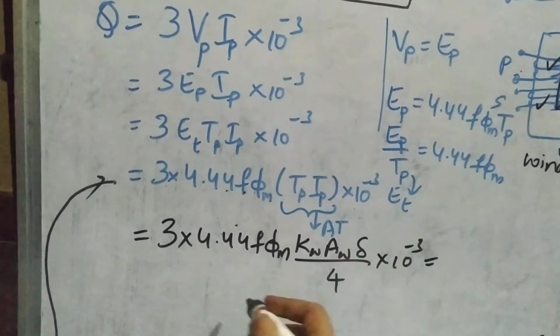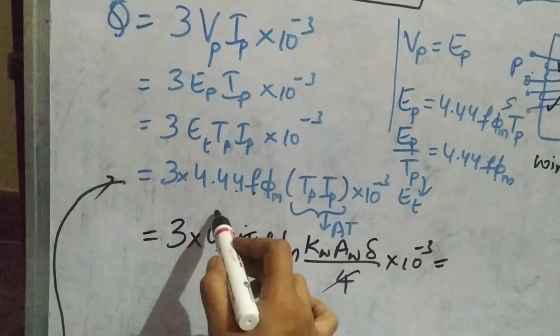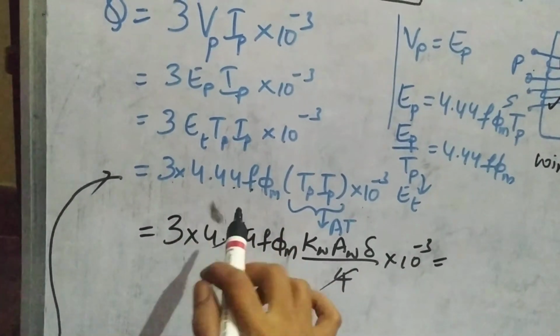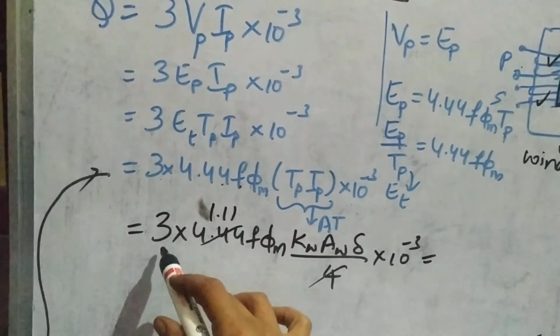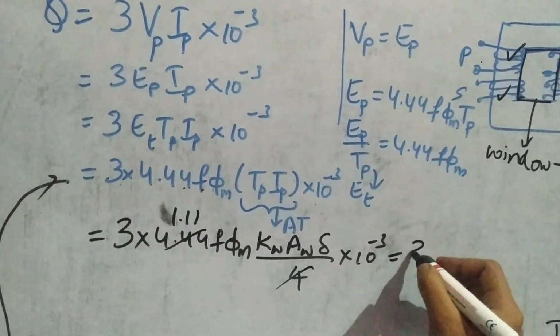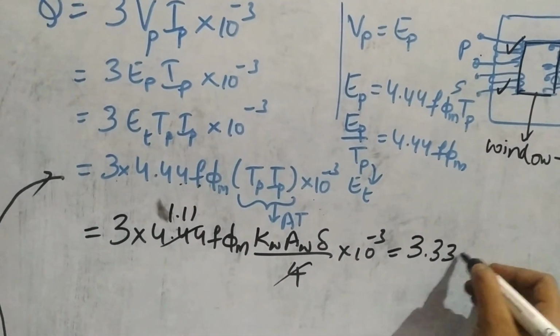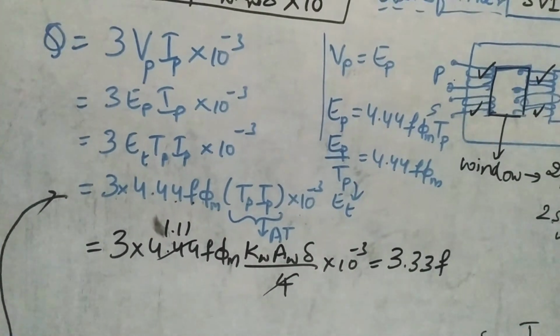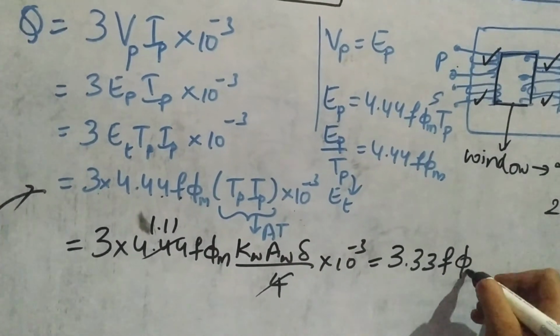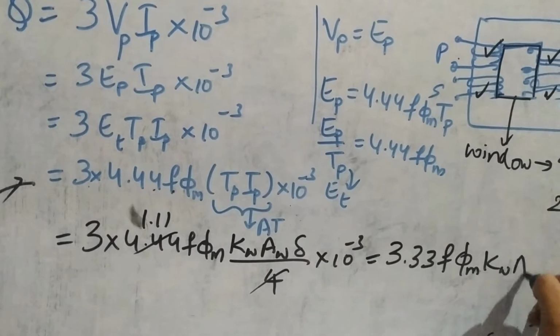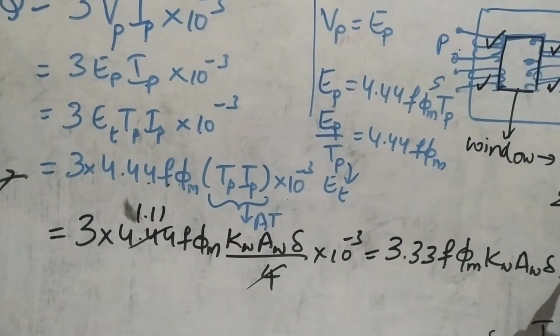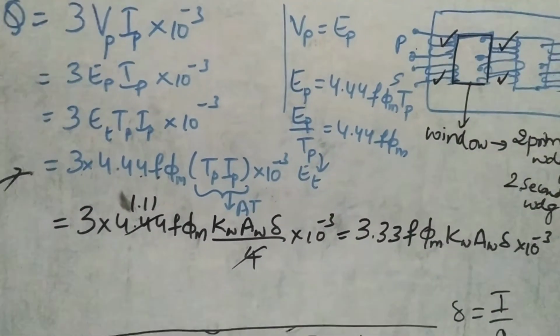When you complete this simplification, 4 gets cancelled, so it becomes 1.11. So 3 multiplied by 1.11 gives you 3.33 F into flux psi m into kW AW into delta into 10 power of minus 3.